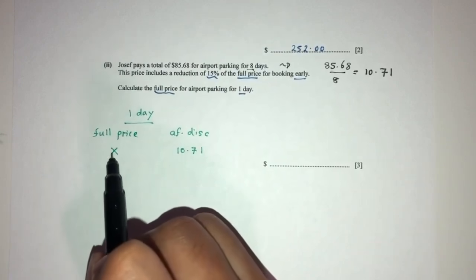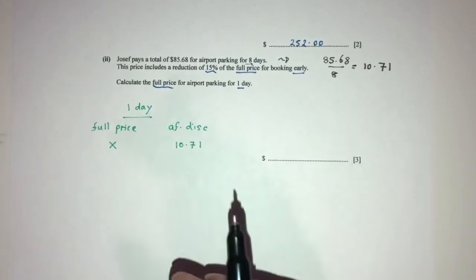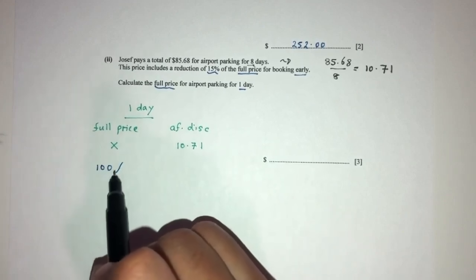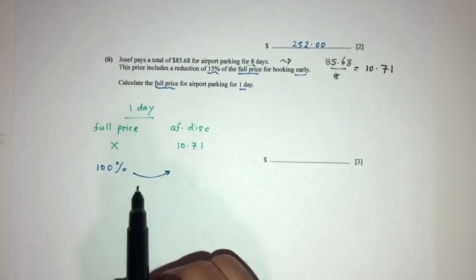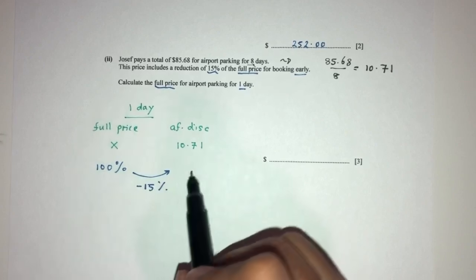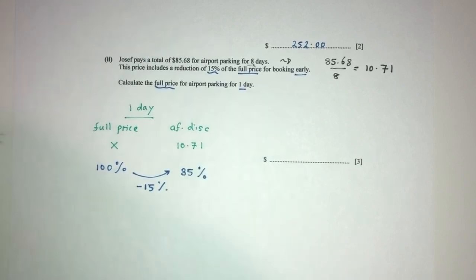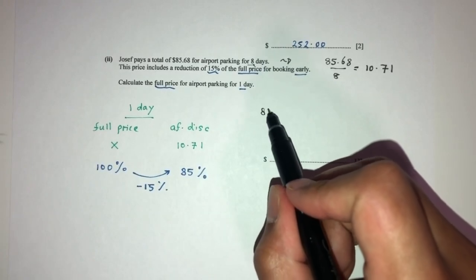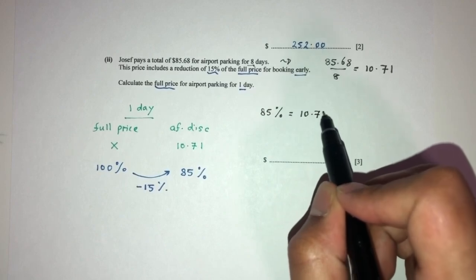Let's call this X. All the time, we always consider the initial price as 100%. So from here to here, he received a discount of 15%. So 100 minus 15, that will be 85%. So we can solve this using ratio. Now what do I mean? If I look closely, I can say that 85% represents 10.71.